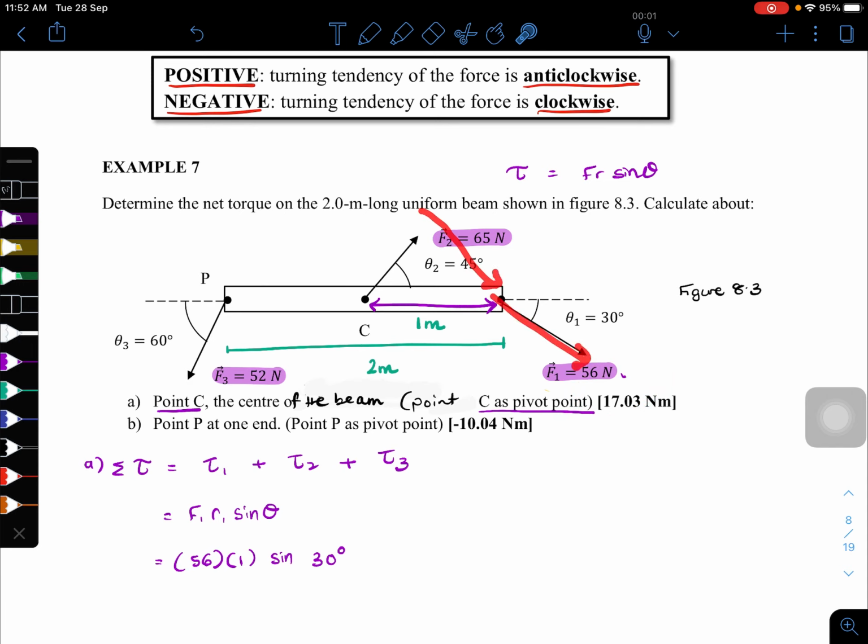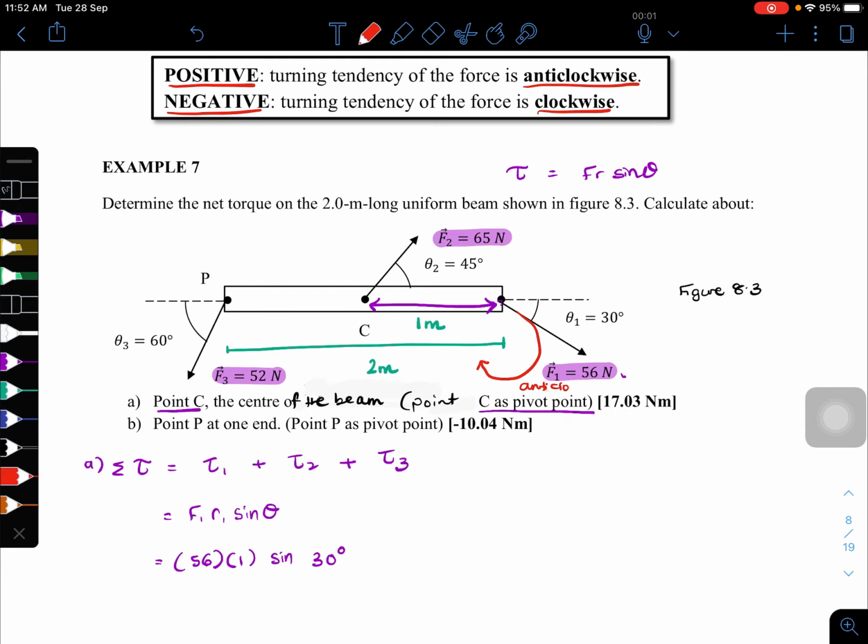Okay, so kalau dia tolak macam tu kan, ikut anak panah ni lah. Ni pivot kamu kan. Jadi beam ni akan bergerak ke mana? Dia akan bergerak macam tu lah kan. Sebab dah tolak force ke sana, so dia akan rotate ke sana. Jadi ini tendensi dia berpusing adalah anti-clockwise ke?